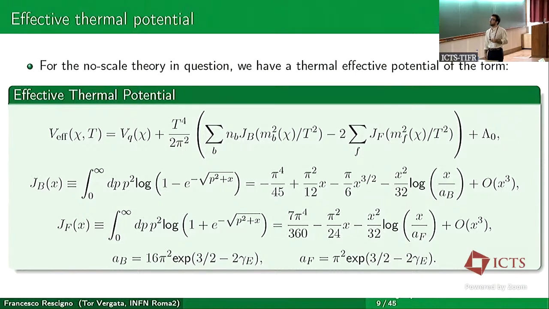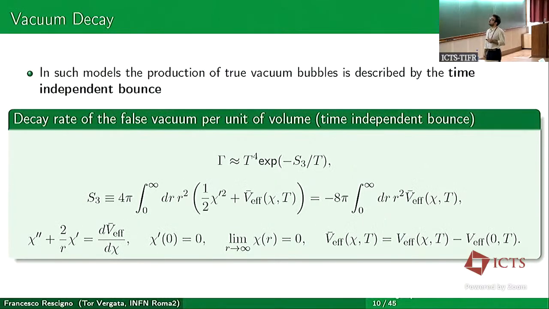The two thermal functions, one for the bosonic degrees of freedom and the other for the fermionic degrees of freedom, are defined as follows, and can be expanded for small x using this expansion here. This expansion will play an essential role in the supercooled expansion and in the improved supercooled expansion, as we will see.